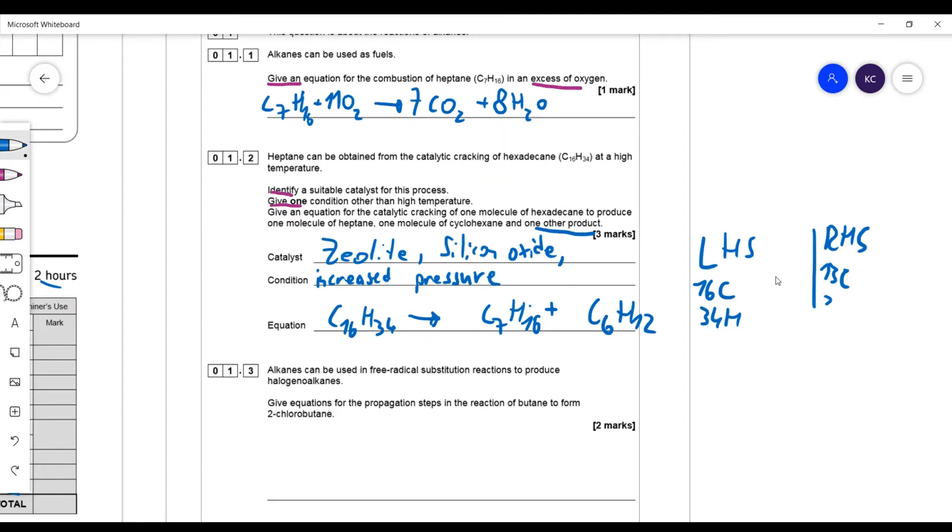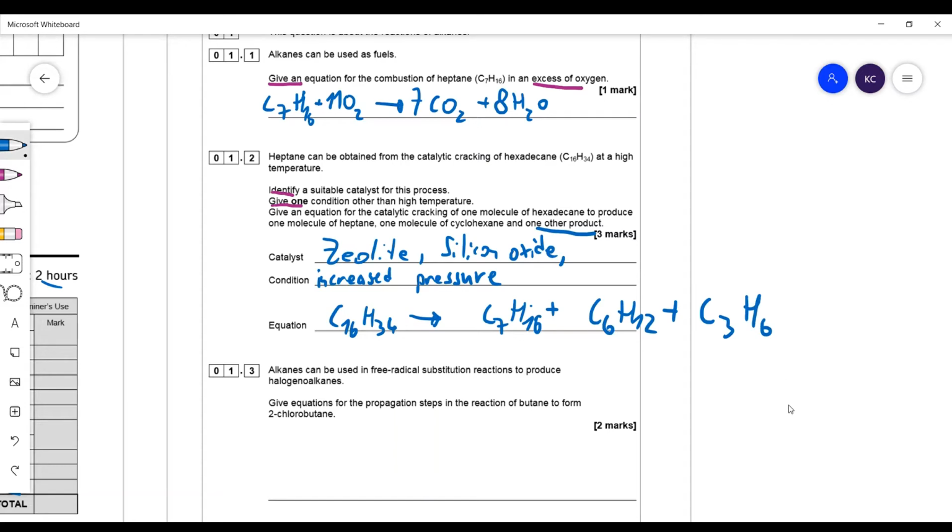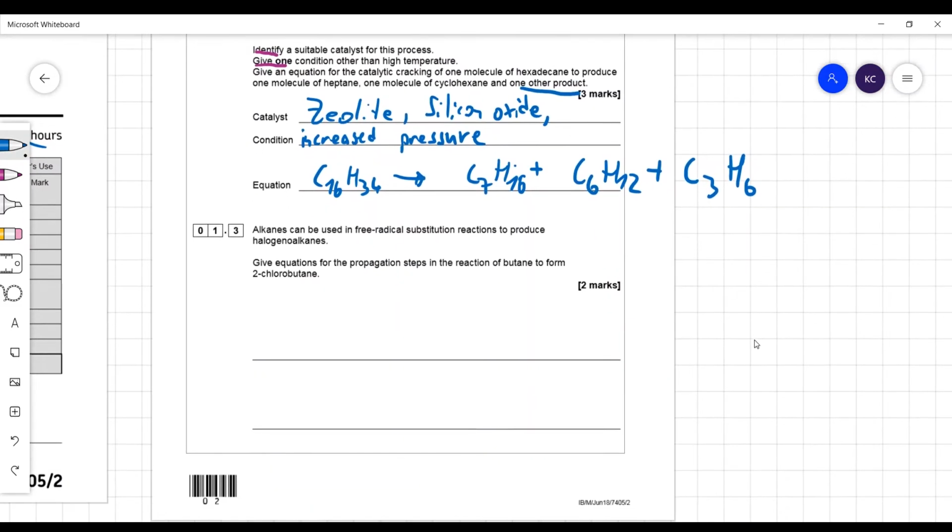We have 28 hydrogen atoms. This means that we are missing 3 carbons and 6 hydrogens on the right hand side. The missing compound is going to be C3H6. Now the left hand side and right hand side are balanced. Okay, so 3 marks for that, for each line.